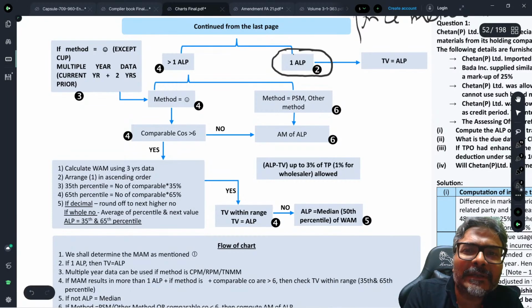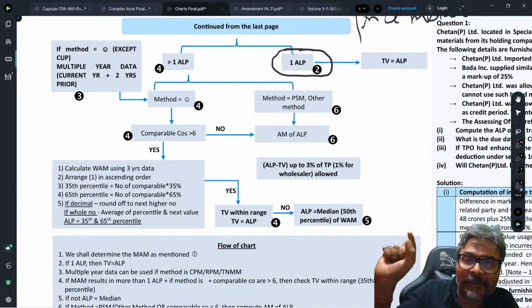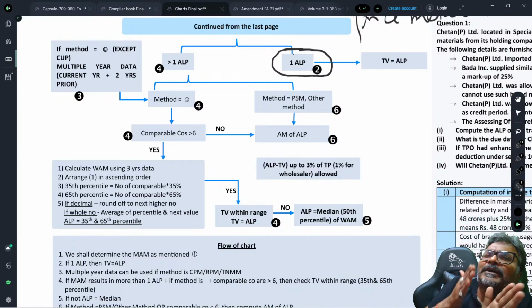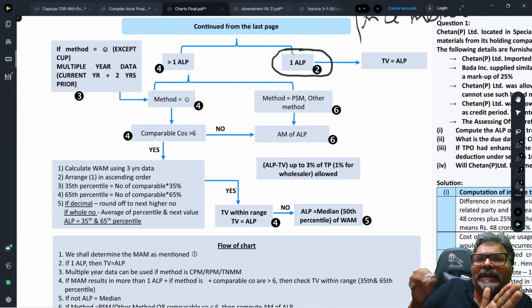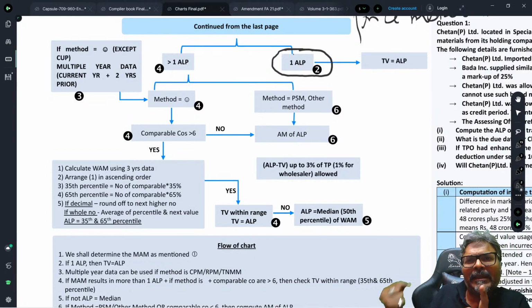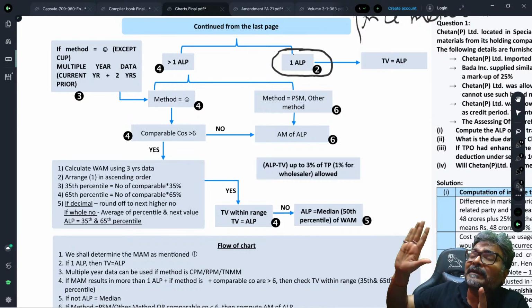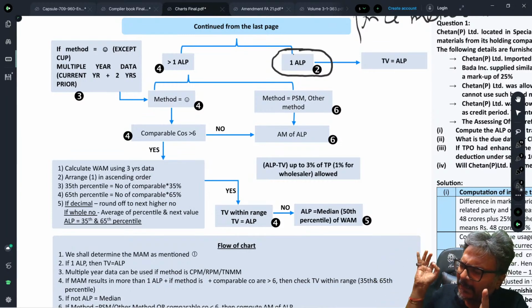For each comparable data, be careful what I'm saying now, you will apply whichever is the only one method of the ALP. Whatever be the number of comparable data, it doesn't matter. You will apply only a single method. Always keep this in mind.